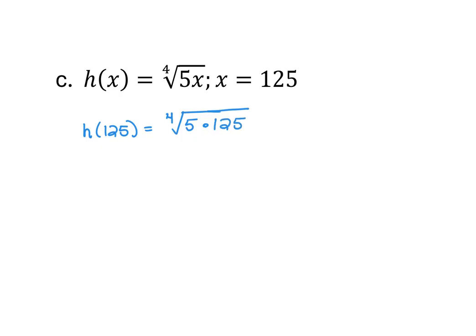There's going to be a couple things that we can do here. I'm going to show you 2 ways you can do this. We can go ahead and multiply. And if we multiply 5 times 125, what we get is the fourth root of 625. Now, I don't know a whole lot of my fourth powers, but I do know that this is going to equal 5.